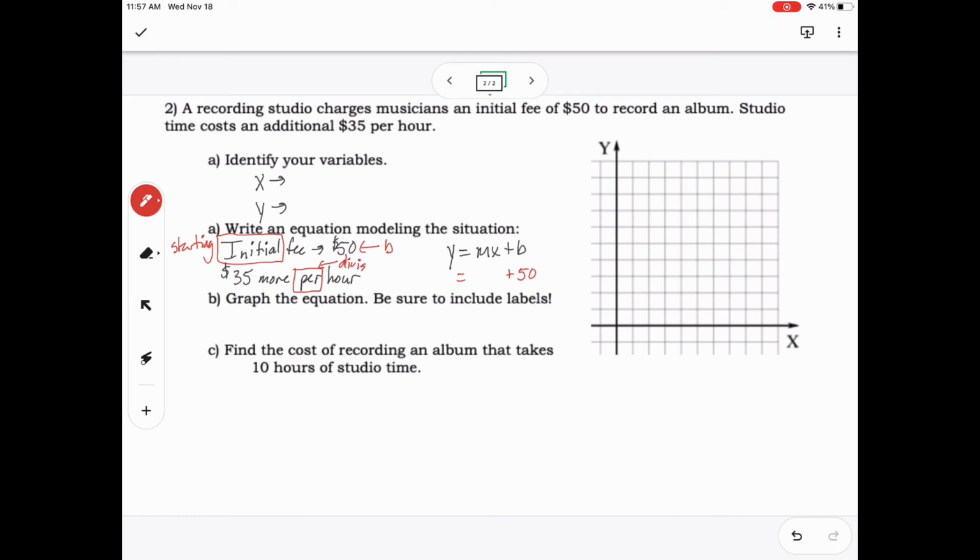Okay, so if this means division, then I could actually write something in division. So $35 per, so per is that division line, hour. And when it says per hour, it means per 1 hour.